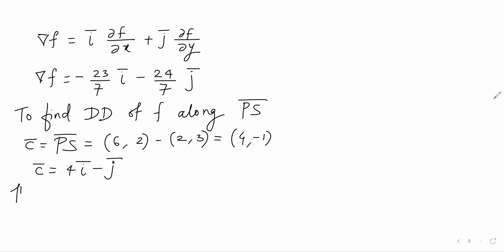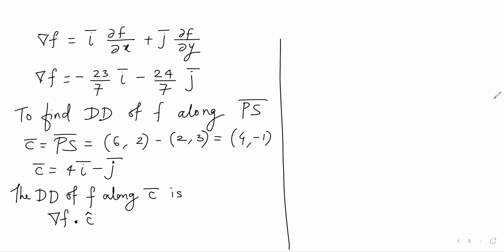So what is the directional derivative? The directional derivative of f along C bar is del f dot C cap, correct? So del f is known now, and it is minus 23 by 7 times i bar minus 24 by 7 times j bar, dot, take the magnitude of this.